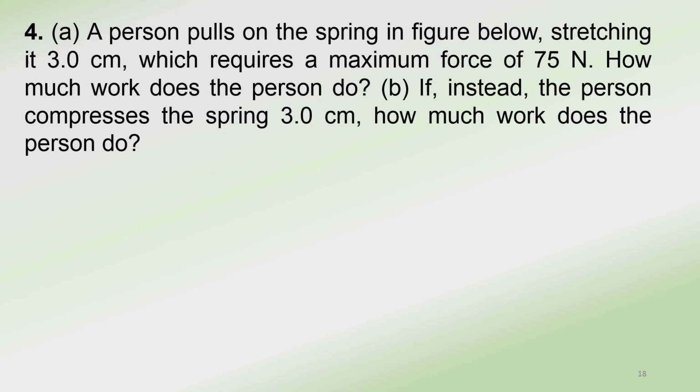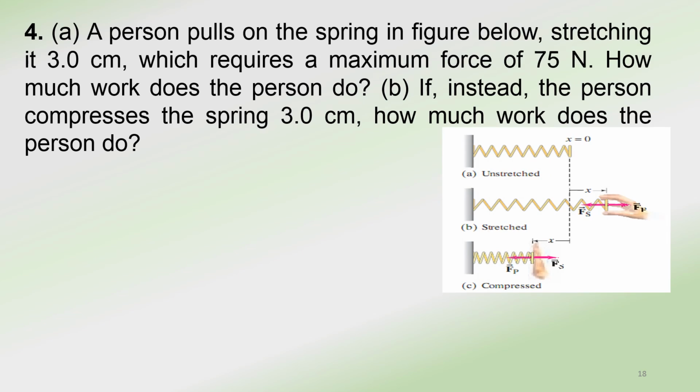number 4. A person pulls on the spring in the figure below. The figure is here. In A, the spring is unstretched. The displacement is equal to 0. In B, the spring is stretched a distance x.